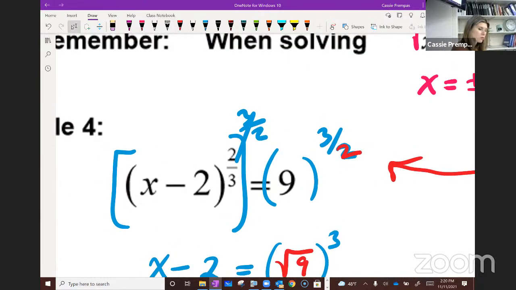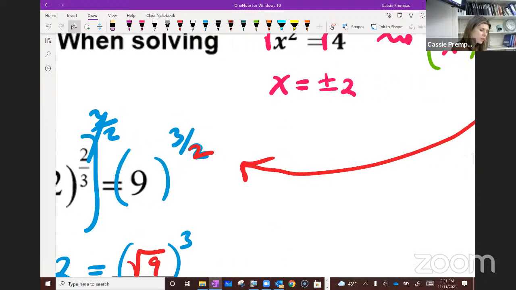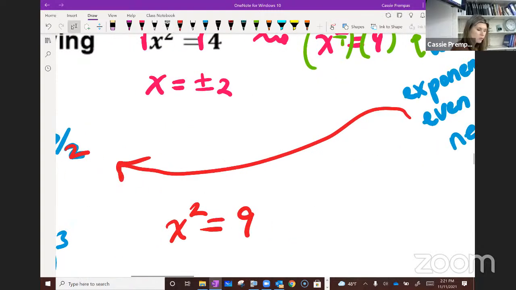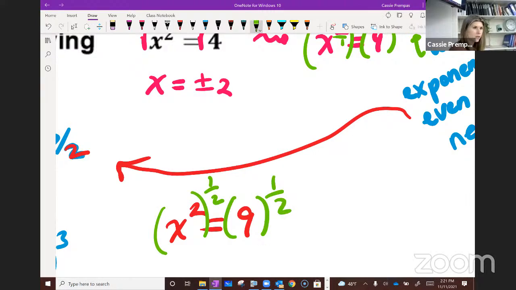I just don't understand why you have plus or minus. If you look at it like this, x squared equals 9, how would you solve this? Square root. Could I also say take this to the 1/2? Would that be the same thing?